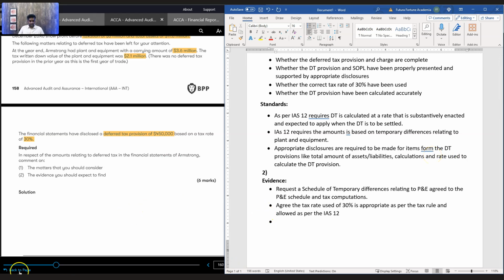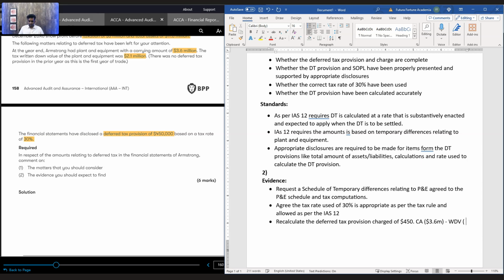Then the next one is to recalculate the deferred tax provision. Deferred tax provision charge of $450,000, which is the carrying amount of $3.6 million minus the written down value.